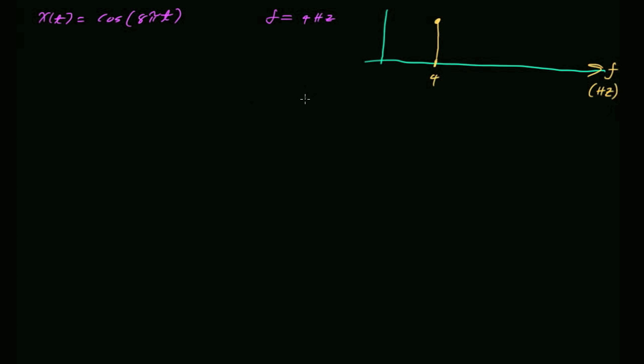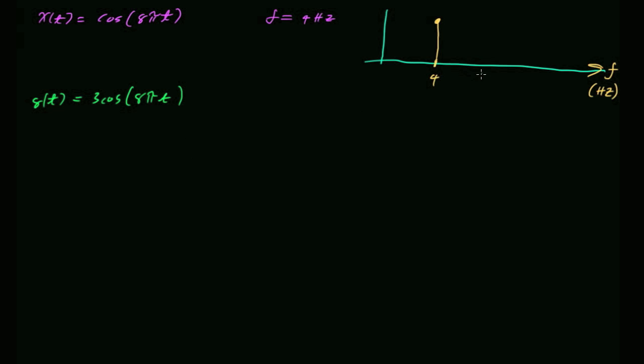Now, let's have another function, y of t, which is equal to 3 cosine 8 pi t. And I say plot that in the frequency domain, versus frequency. What would be the difference between the frequency plot for x and the frequency plot for y? Y is going to be 3 times the amplitude. Exactly, that's the only point I want to make.